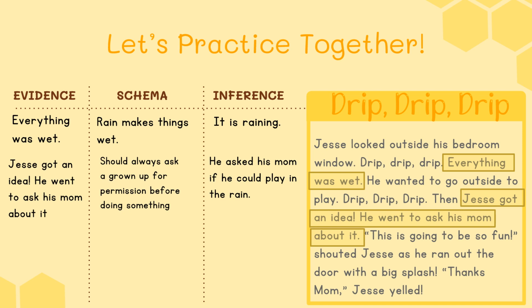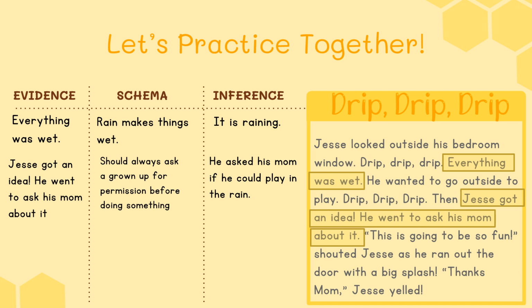And in my head, I know when it rains, my little girls always want to jump in puddles. So that made me think that he was going to play and ask his mom if he could play in the rain.